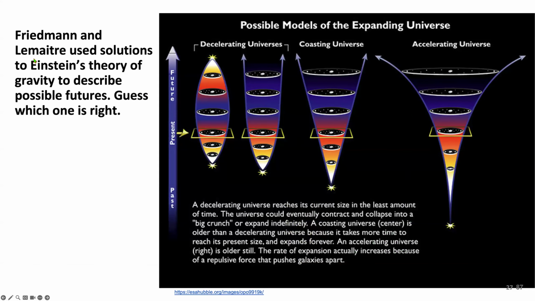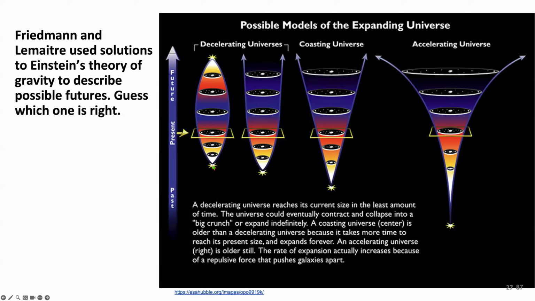So Friedman and Lemaitre discovered that Einstein's theory of gravity allowed for an expanding or contracting universe, and that allowed for certain possibilities. Remember, Lemaitre said the whole universe might have started from a single primeval atom.